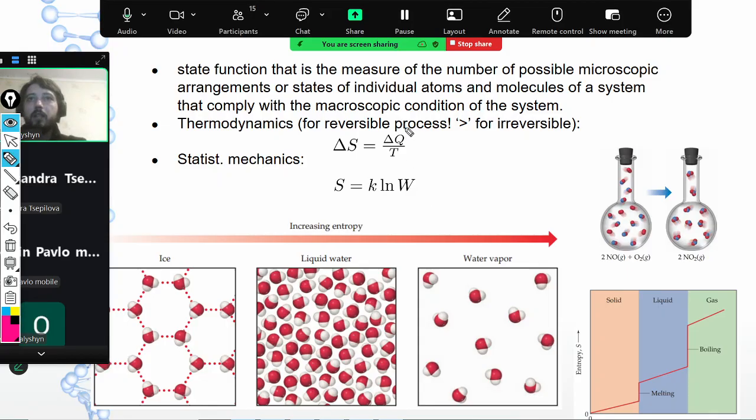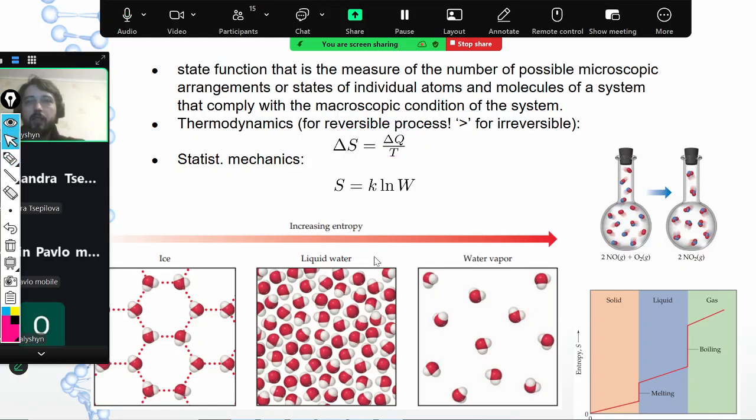Here is a more thermodynamical definition, but that works only for reversible processes. If you can reverse the process, this will be okay. If the process is not reversible, you will have the greater-than sign here, so it's always greater than this quantity.